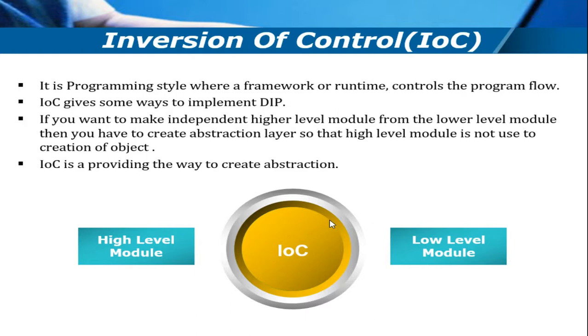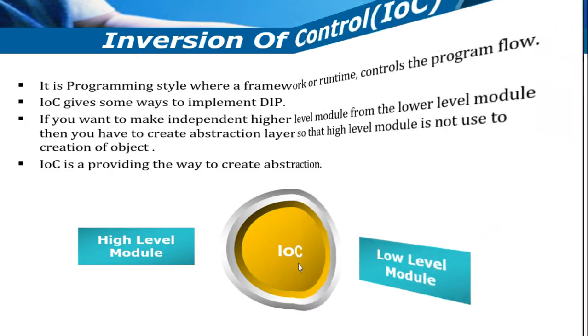So IOC, that is inversion of control, is providing the way to create the abstraction layer. If you see the diagram, this is your high level module and this is the low level module, and inversion of control, this one programming style, will allow us to create the abstraction layer.